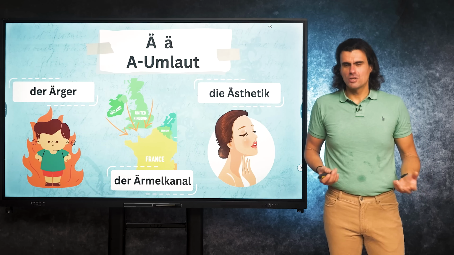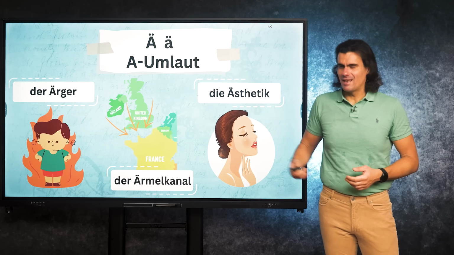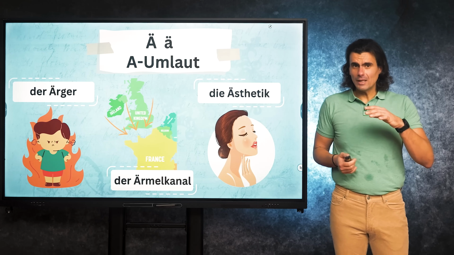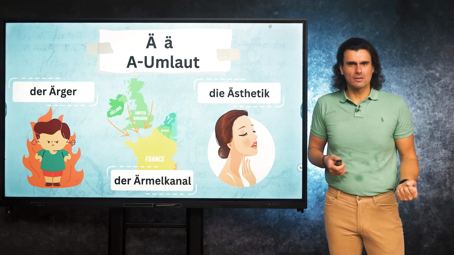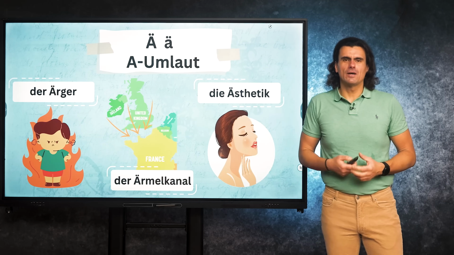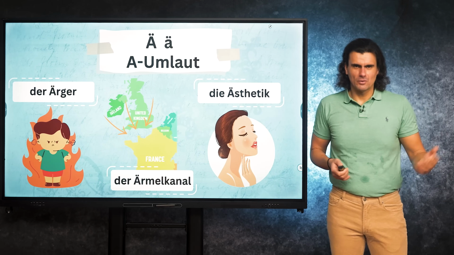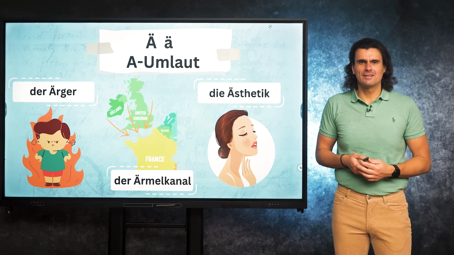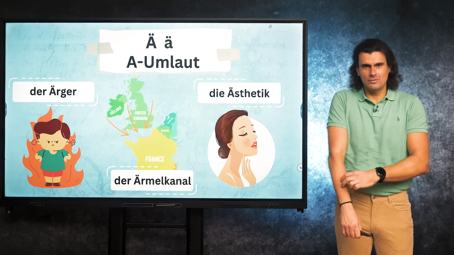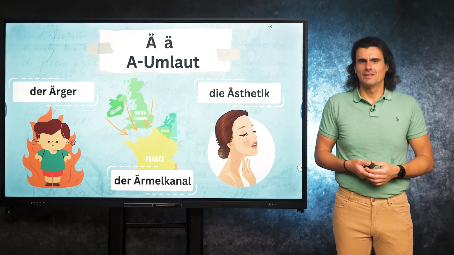Fury, rage in German ist der Ärger. You would never say Ärger. It's always Ärger. Or the piece of water which divides England or Great Britain from France ist der Ärmelkanal. Der Ärmel is sleeve and Kanal is the channel.